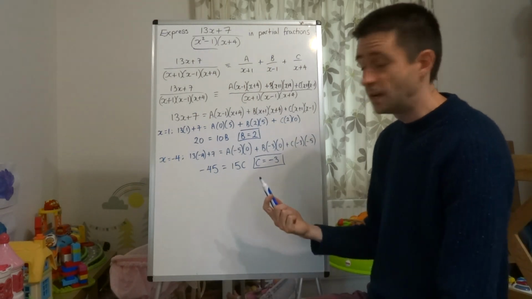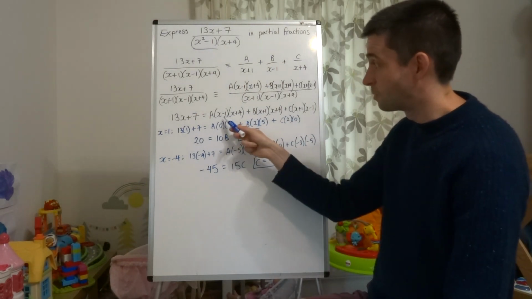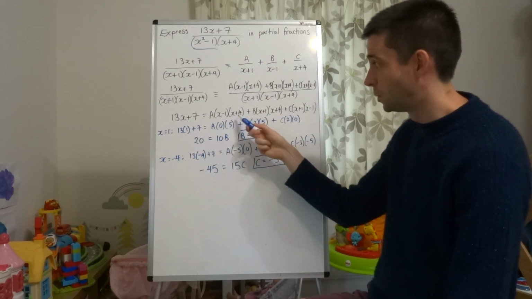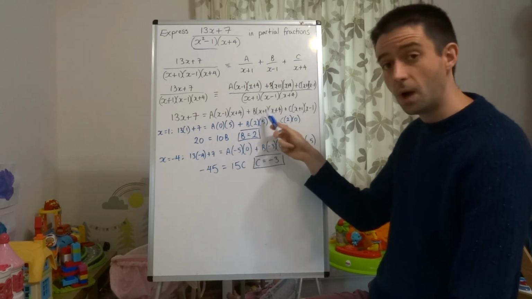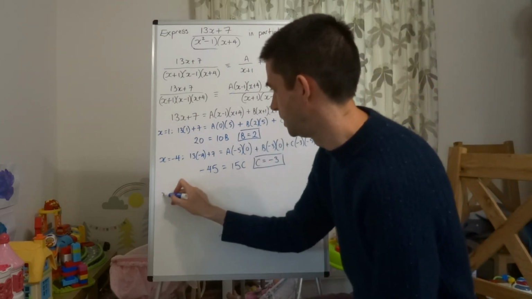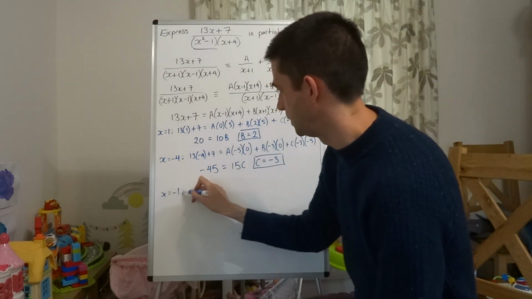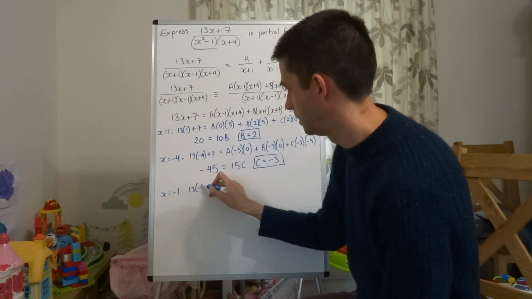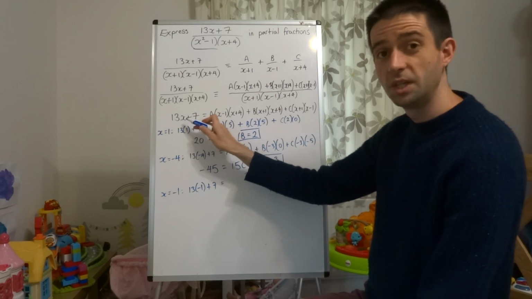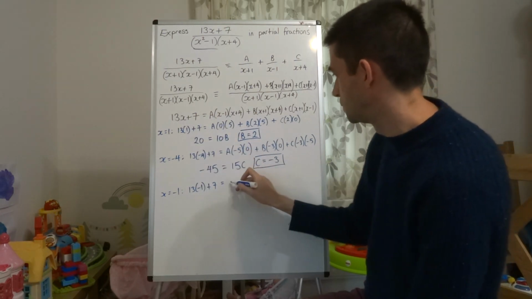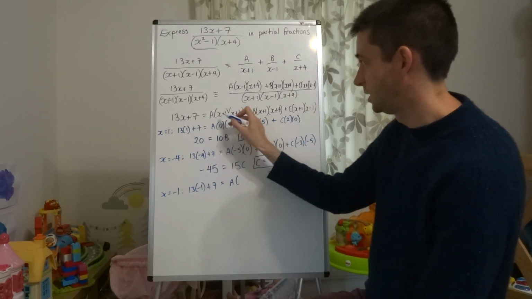Okay, final value for x then. I've used 1 to make that bracket go to 0. I've used negative 4 to make this bracket go to 0. The final value I'm going to use is negative 1 to make this bracket go to 0 here. So if x equals negative 1, 13 lots of negative 1 plus 7, substituting x in here, equals a times, right, negative 1.